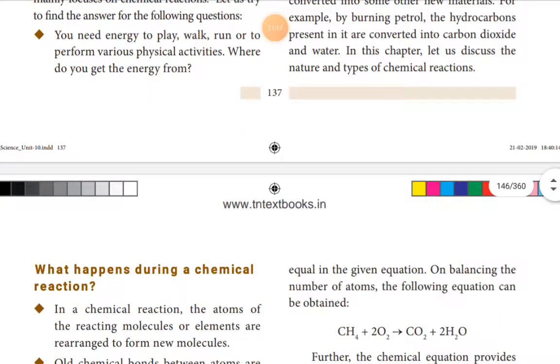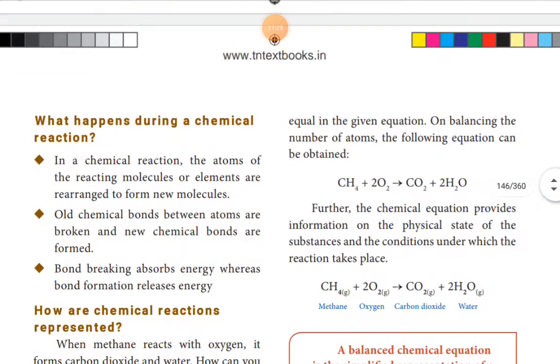Now, next, let us see what happens during a chemical reaction. What are the things taking place during a chemical reaction? In a chemical reaction, the atoms of the reacting molecules or elements are rearranged to form a new molecule. That's why, in the initial introduction also, it was given that a chemical reaction involves breaking of old chemical bonds and formation of new chemical bonds.